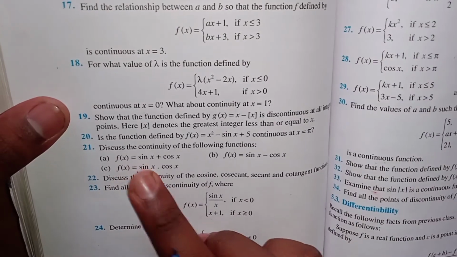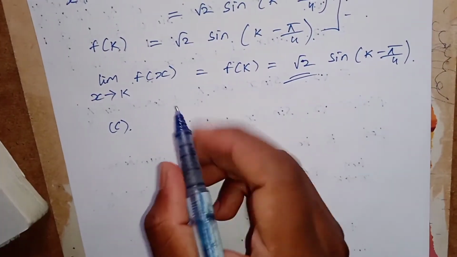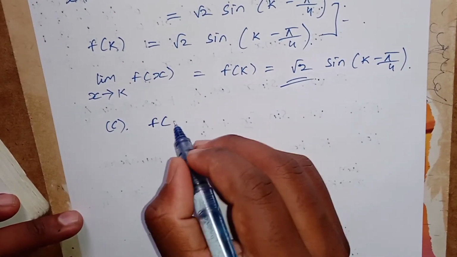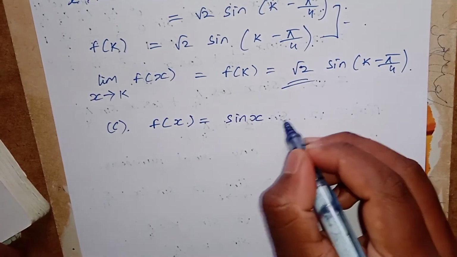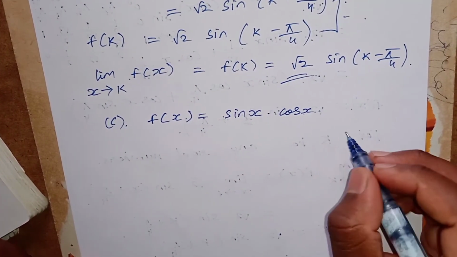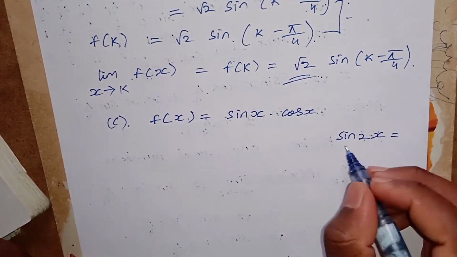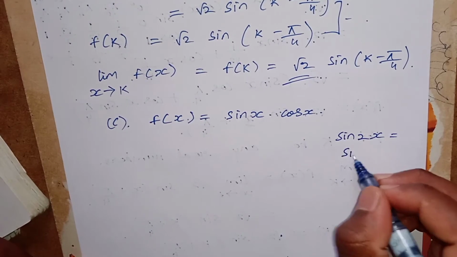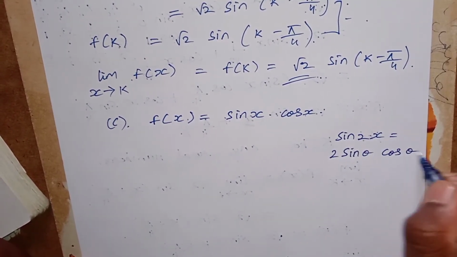Here f of x is equal to sin x into cos x. Therefore here you have to take f of x is equal to sin x dot cos x. Here we know the formula, sin 2 theta is equal to 2 sin theta cos theta.